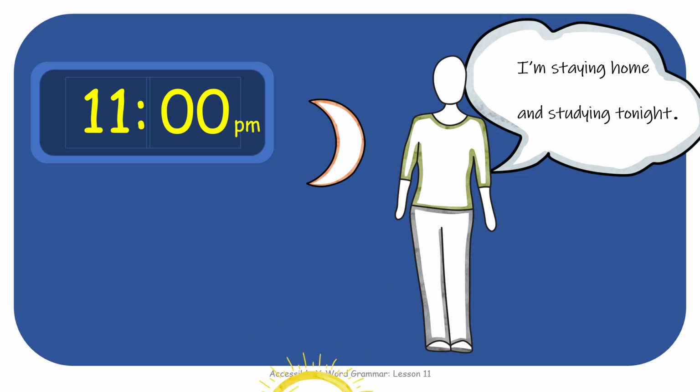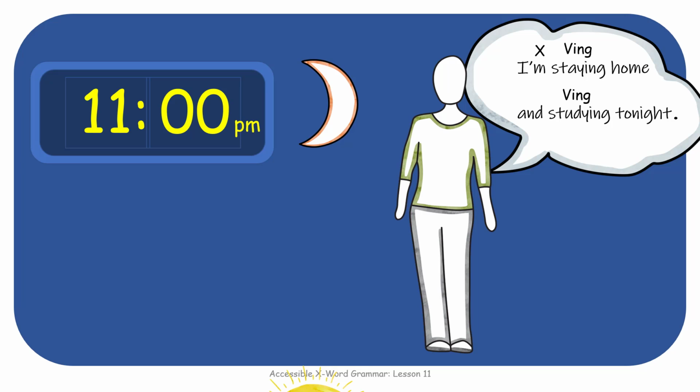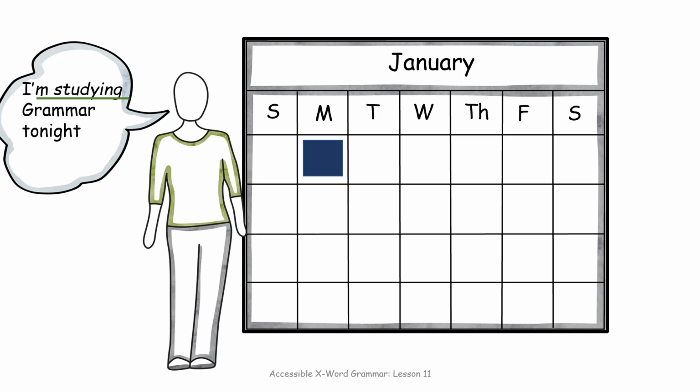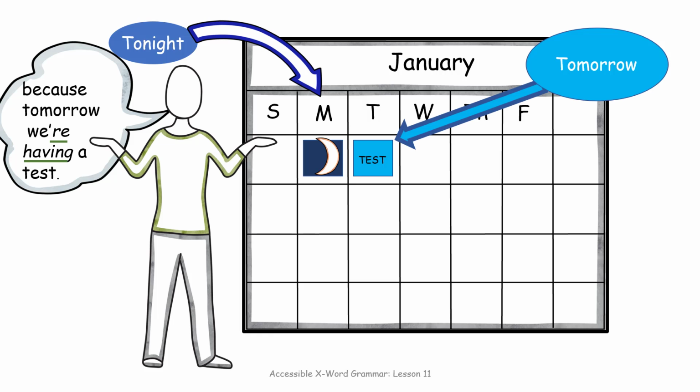Here's another example. I'm staying home and studying tonight. The close future time is tonight. There is one X word, am, and there are 2 main verbs, staying and studying. I'm studying grammar tonight because tomorrow we're having a test. Tomorrow is also a close future time.